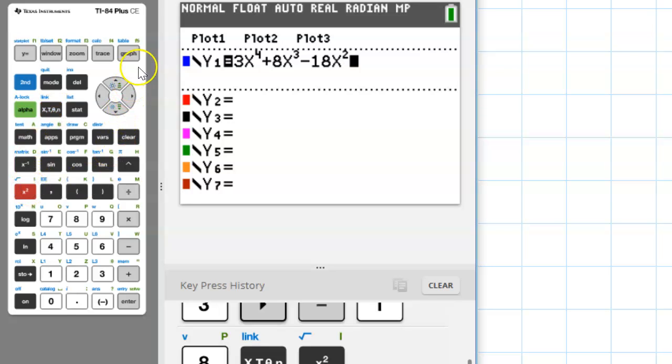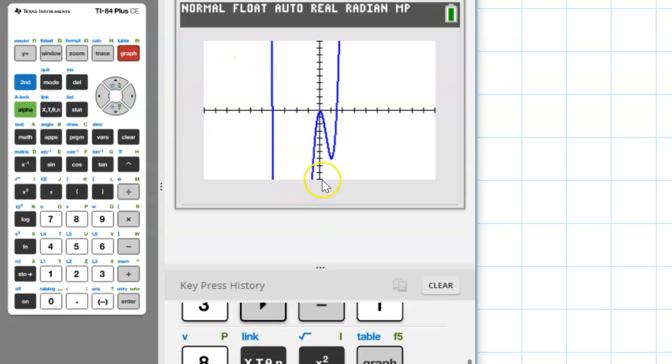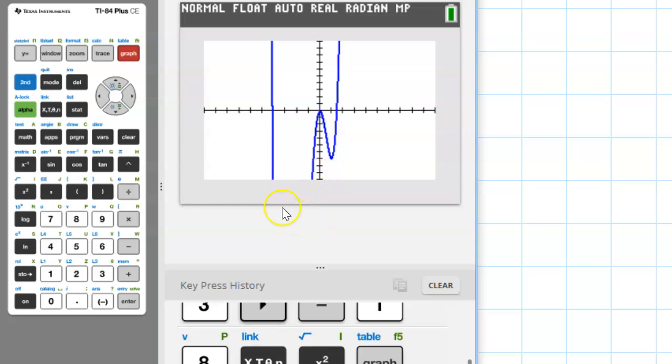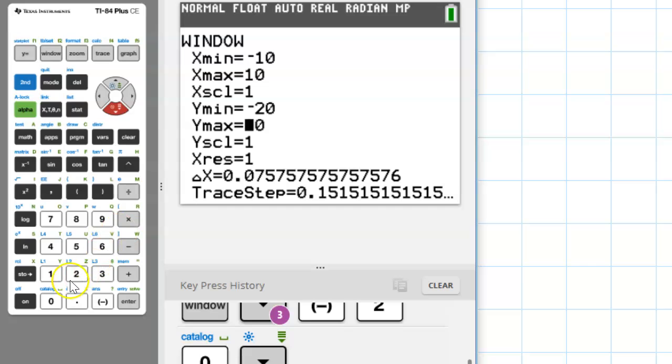All right, we'll just use the standard window. So we'll graph this, and it looks like it might be a W. There's something dropping down below here, and maybe I'll change this to minus 20 to 20. Go ahead and graph that again.